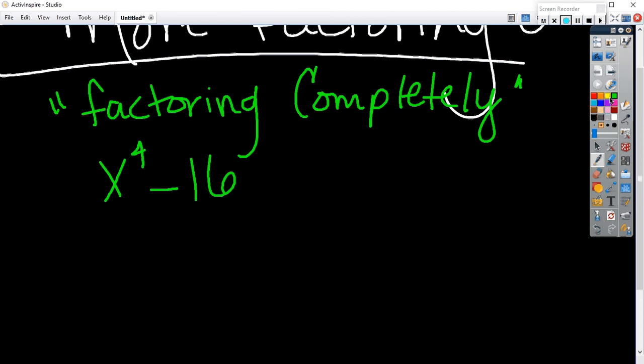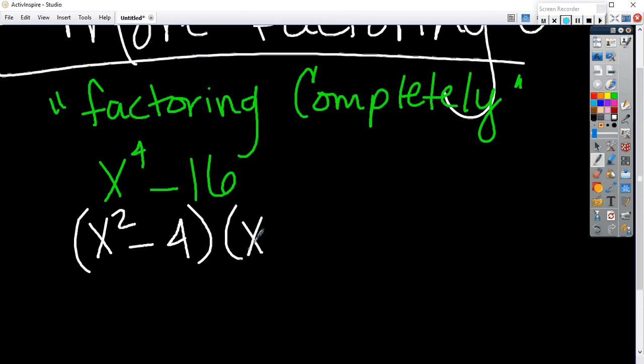How does it factor? X squared minus 4 squared. When it's a difference of two squares, it's one plus, one minus. Perfect square trinomial does the same sign twice. Okay? It's an easier factor.